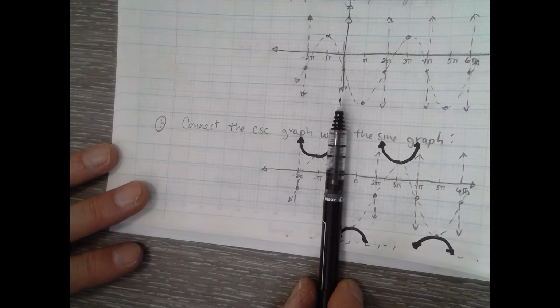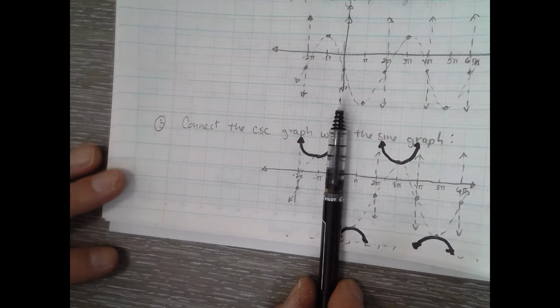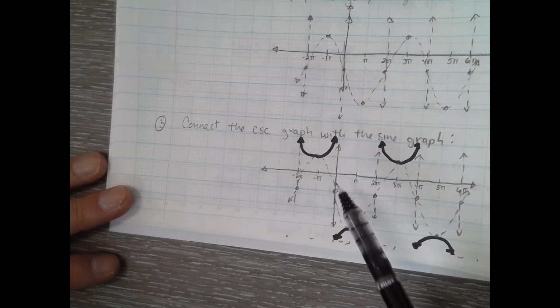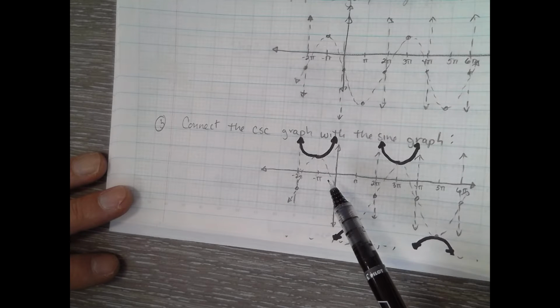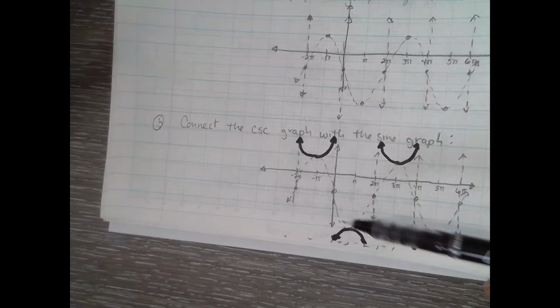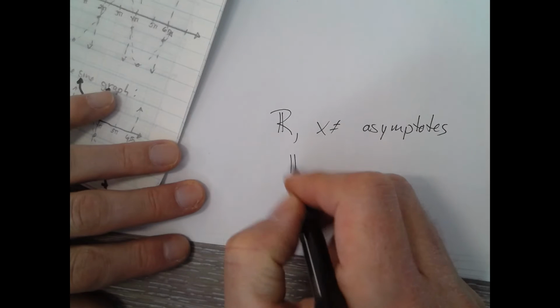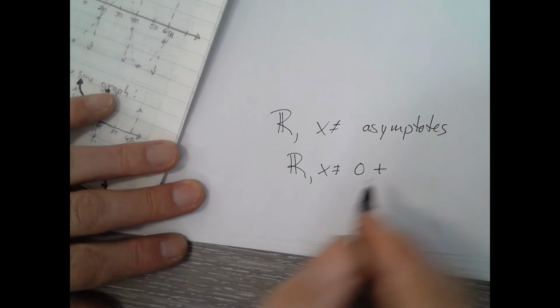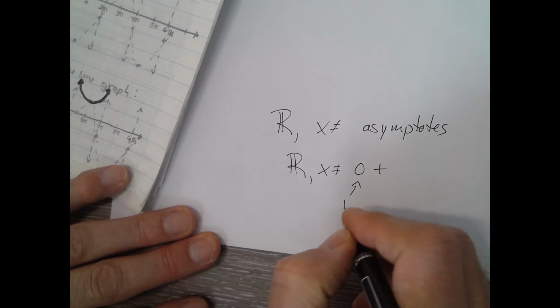You want to grab the first asymptote that occurs at or beyond the y-axis. There is one on the y-axis, at x equals 0. This vertical line is x equals 0. So we'd say all real numbers, x not equal to 0 plus, this is the first asymptote.